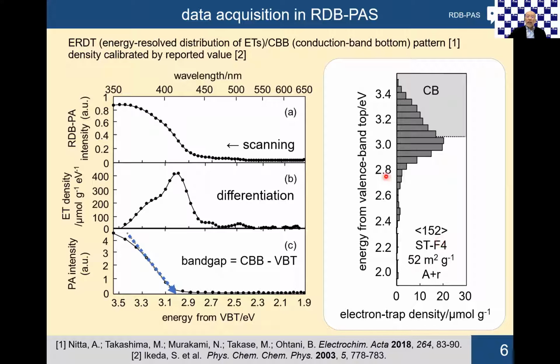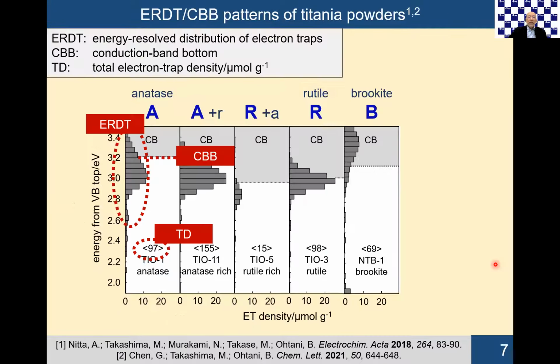And this is an example, a commercial titania with code name ST-F4, with its specific surface area, and anatase with a small amount of rutile. However, without knowing this code name, specific surface area, and the crystalline structure, we can identify this titania as ST-F4.